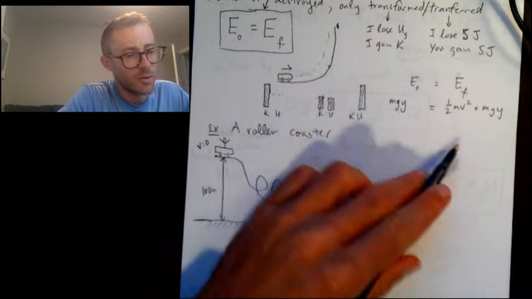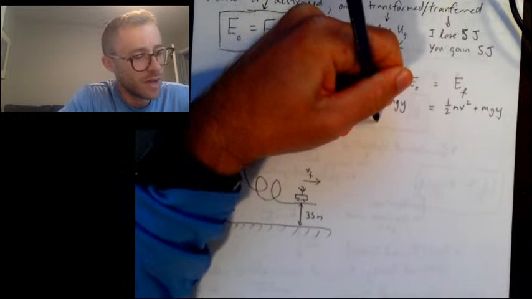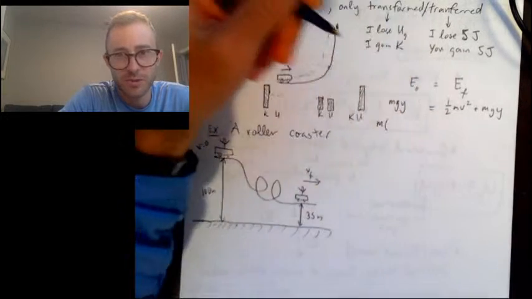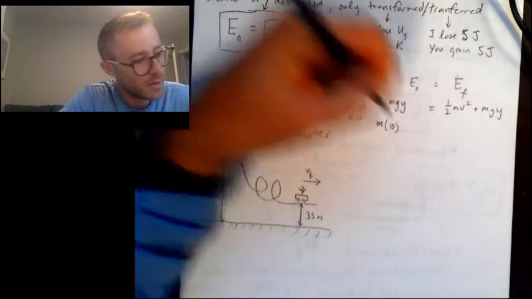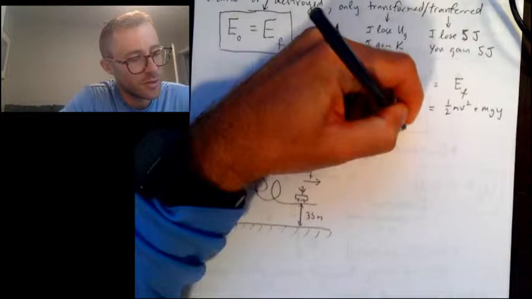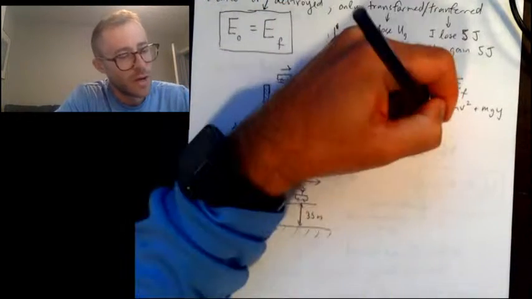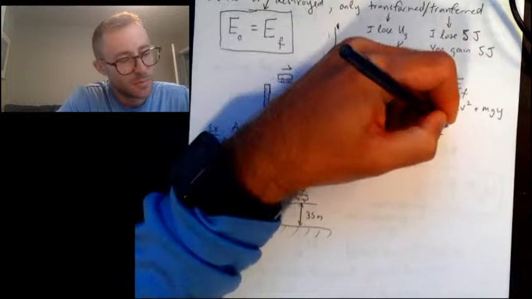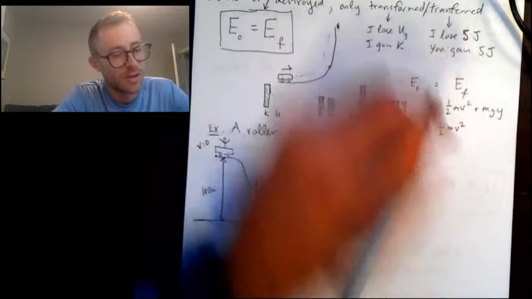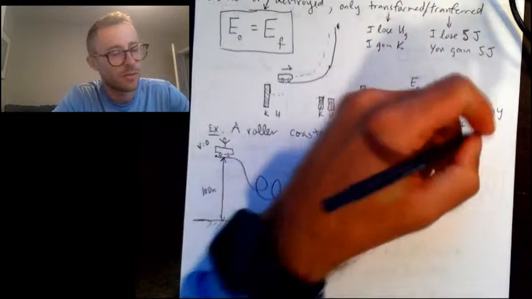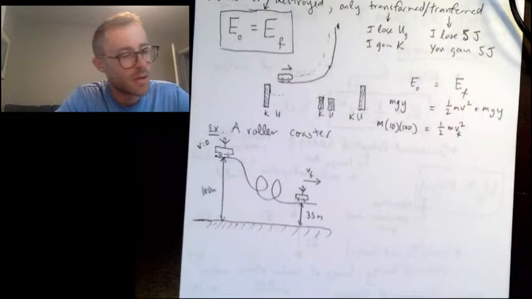So I start out with gravitational potential energy. So I have m times gravity, which is 10 meters per second squared, times elevation, which is 100, equals 1/2 times m times v squared. This is what I'm trying to solve for, the final velocity, okay?